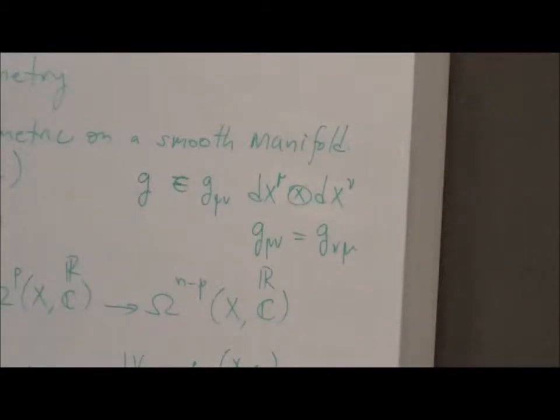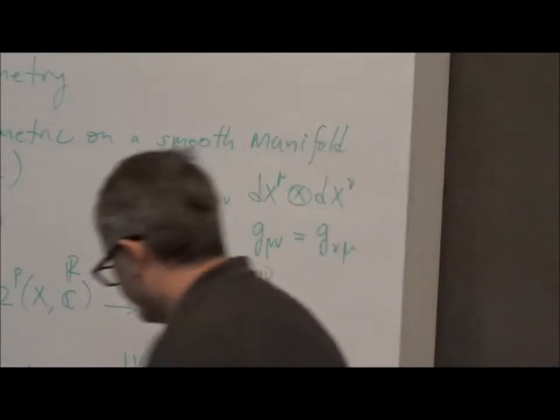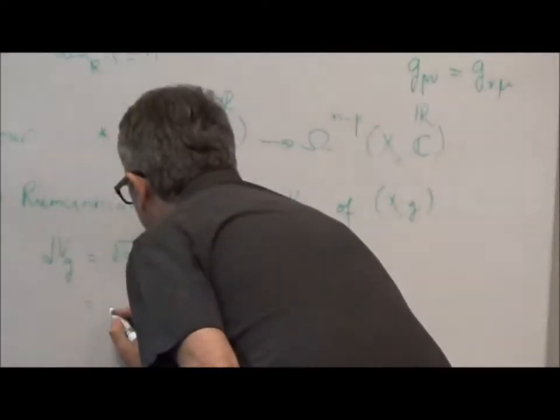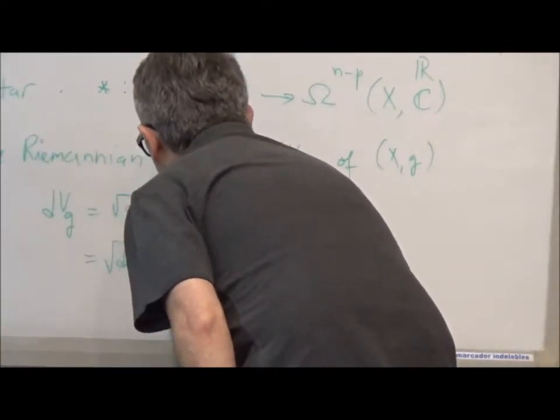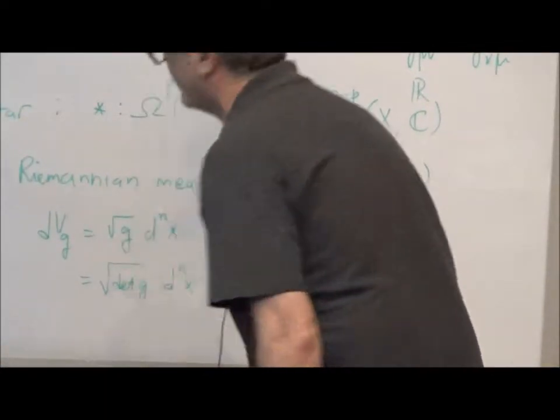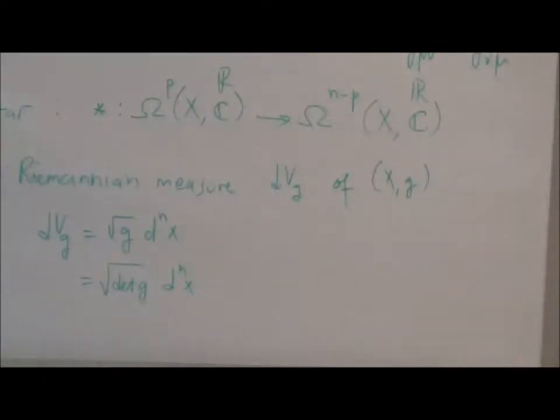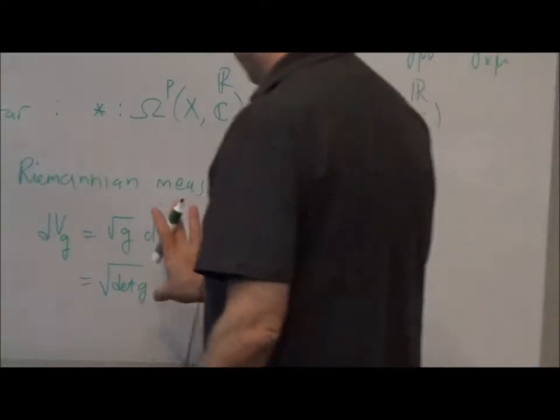And when you write g here, like this, what you really mean is the square root of the determinant of g, dx. You'll notice that I disagree with the sign that was being used yesterday, and that's because I'm in Euclidean space. So that's the only difference.